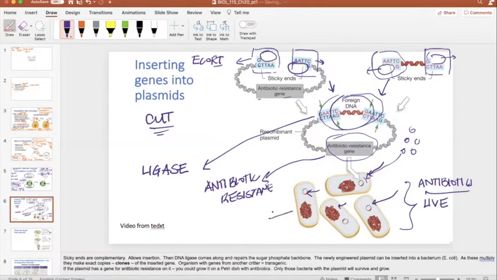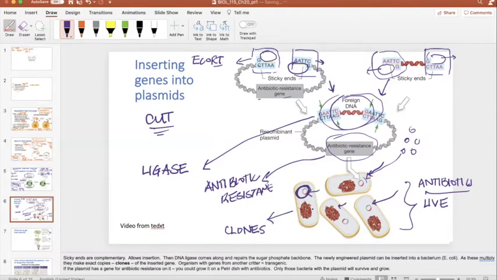So all of these E. coli cells are making our genetic clones. They are making exact copies of this plasmid right here that contains our human insulin gene of interest.